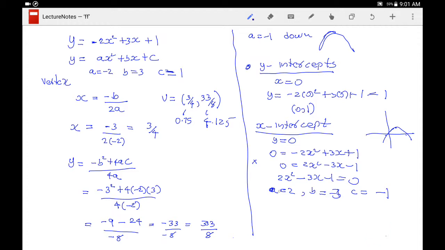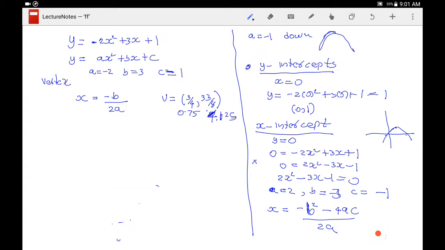So I will plug in here x equals negative b, and I'll write the formula b squared minus 4ac over 2a.